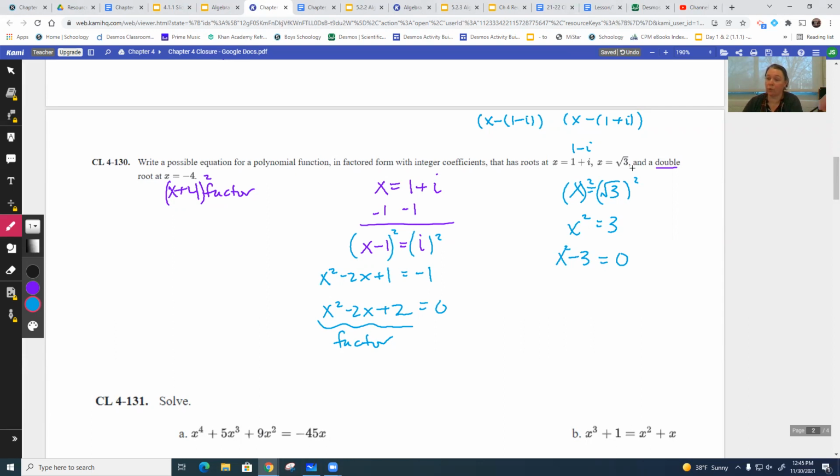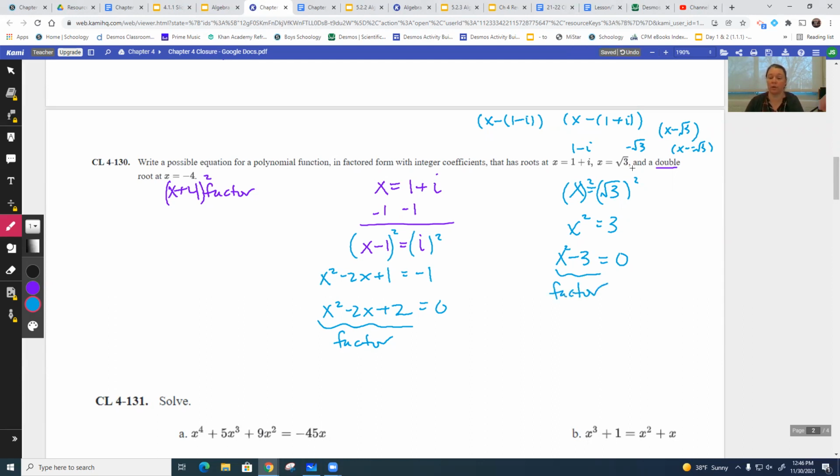And again, if √3 is a solution, so is its conjugate, -√3. You could do x minus √3 as a factor, but then you would also have to have x minus a -√3 as a factor, and you'd have to multiply that all out. So what's easier is to think of it as going backwards, from the solution to the factor.